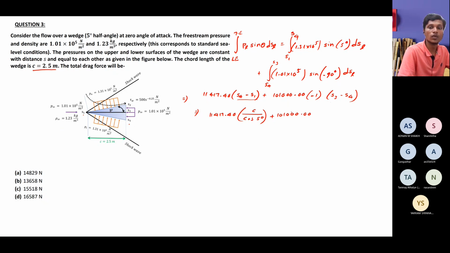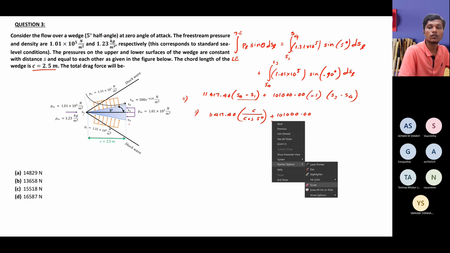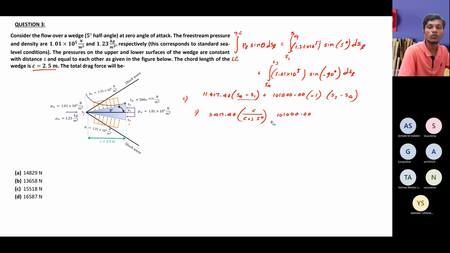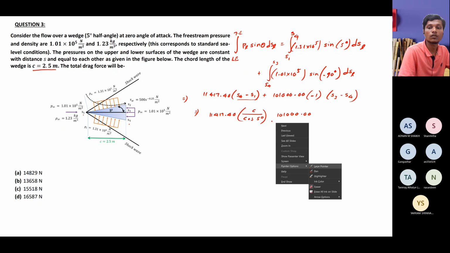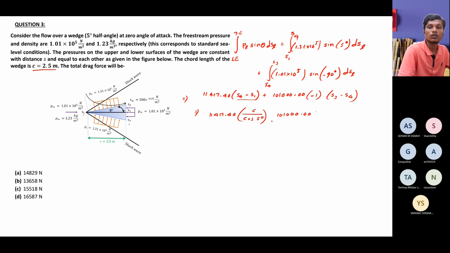This is your minus value. Okay, this is your minus, and then you will get C tan 5 degrees.